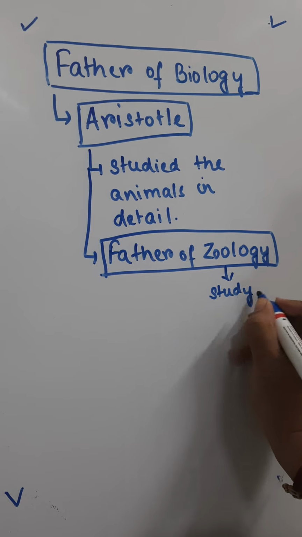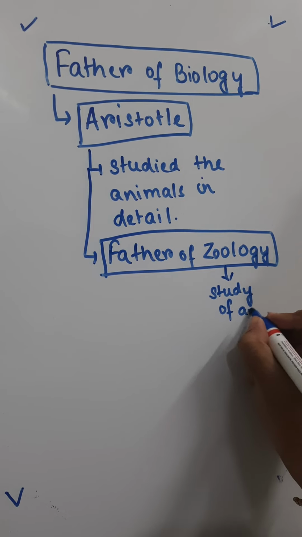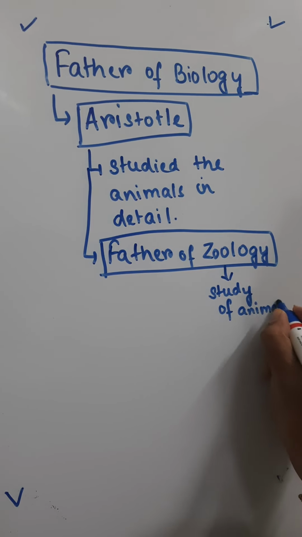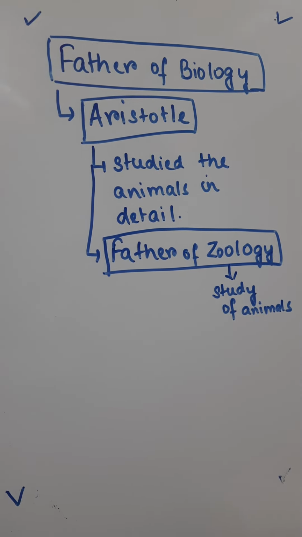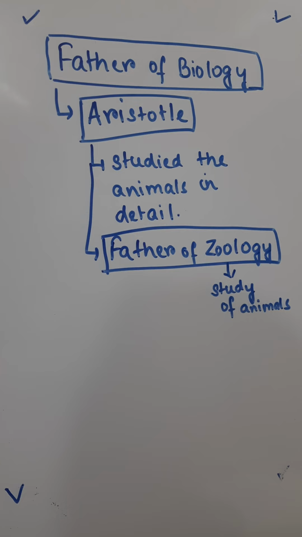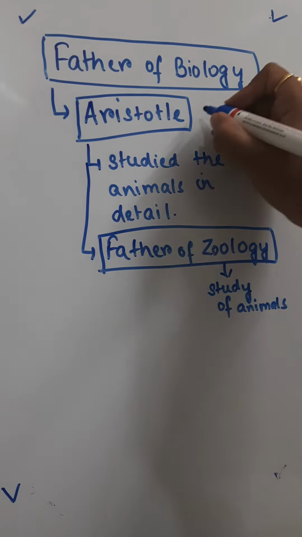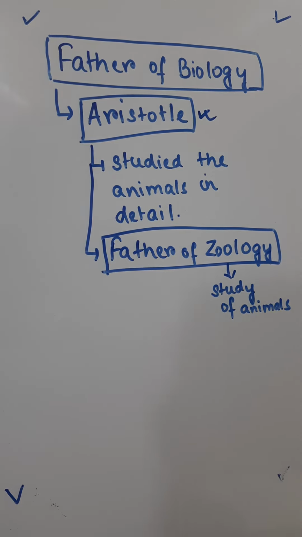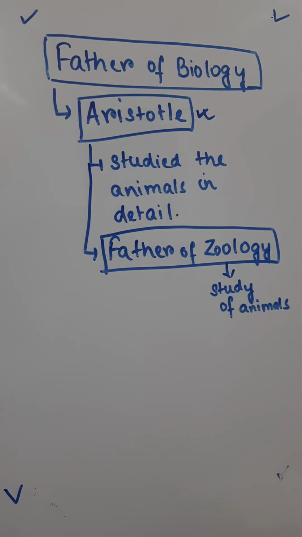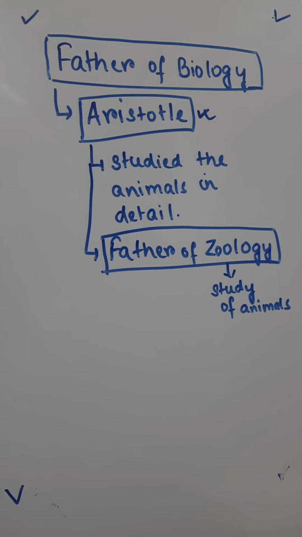We will understand this again later, but here I am just mentioning that zoology is the study of animals, and Aristotle is called the father of biology as well as the father of zoology. He studied animals in great detail, and that is all about him.